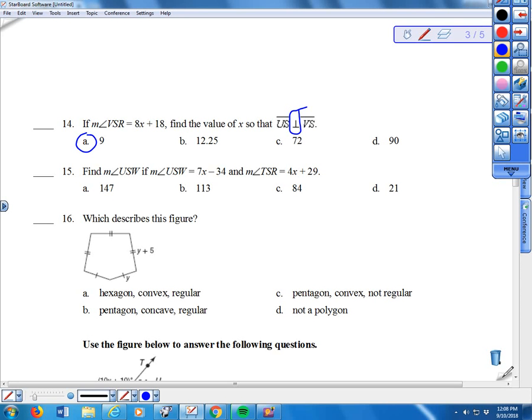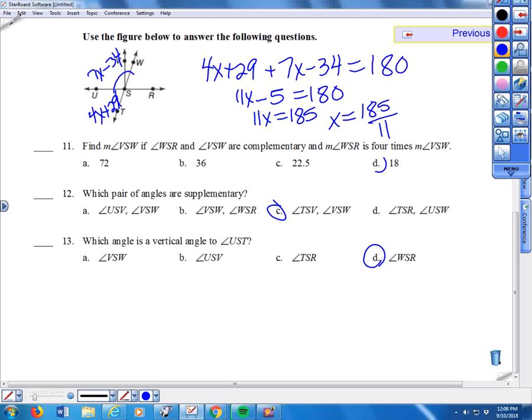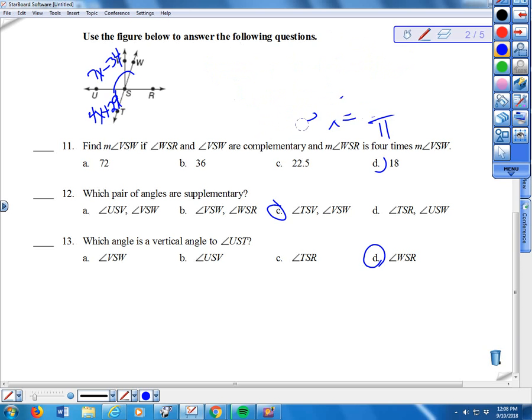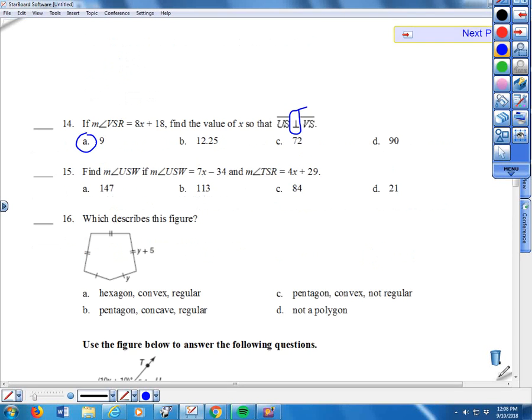I've done something wrong. USW and TSR. USW, TSR, TSR is right here. That is 4x plus 29.